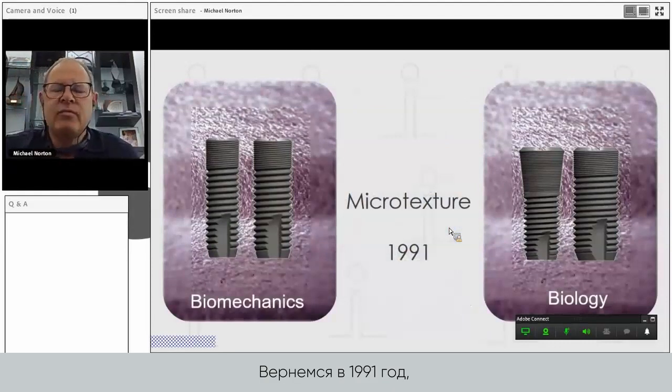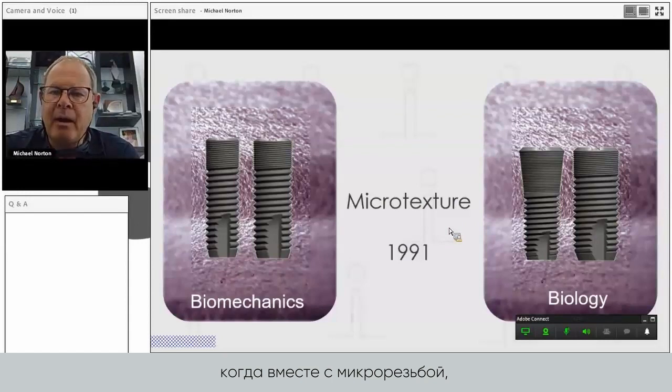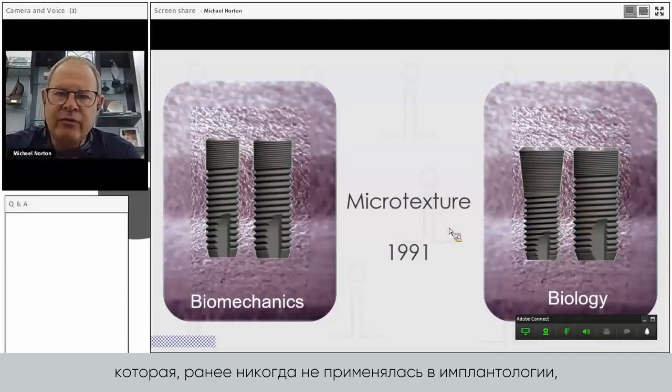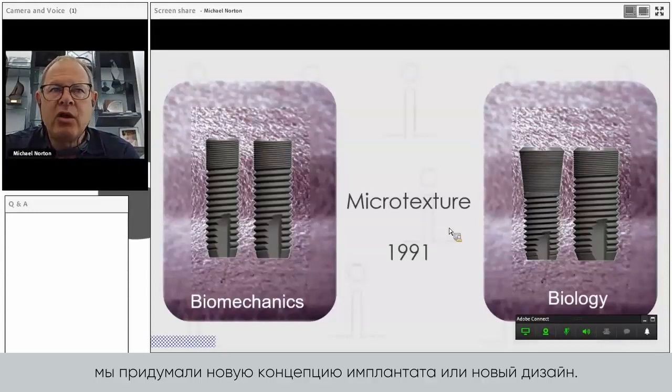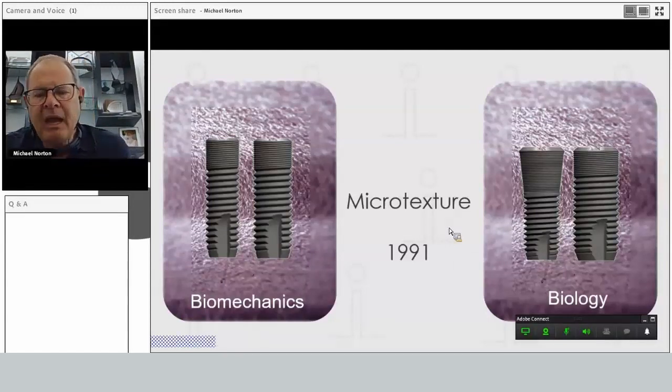I can take you back to 1991, when, together with the concept of a microthread, which of course had also never been considered in implant dentistry before, we came up with a new concept or new design.